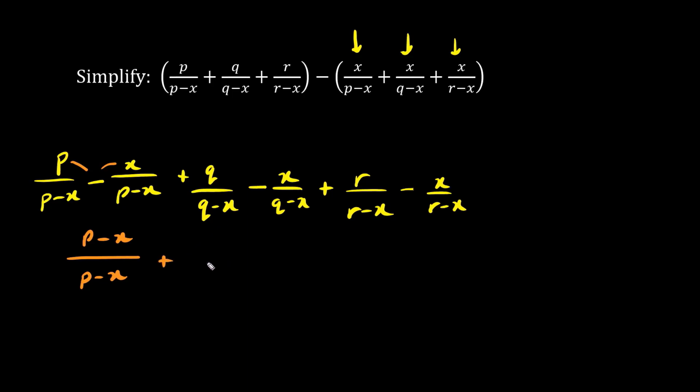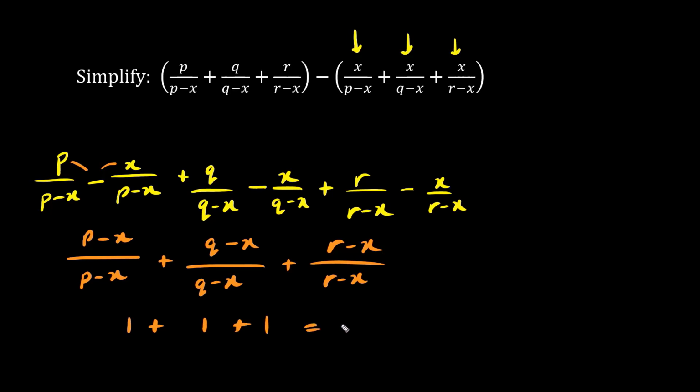As for the second part, we have a common denominator, q minus x, and here again we have q minus x. Finally, we have the denominator r minus x, and the top also becomes r minus x. Same divided by same is 1. So the simplified result is 1 plus 1 plus 1, which is 3.